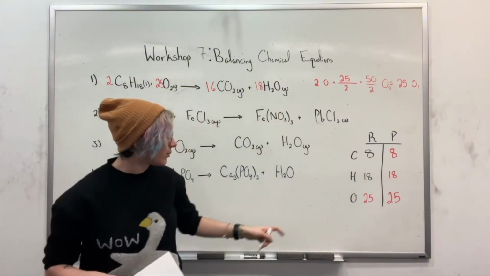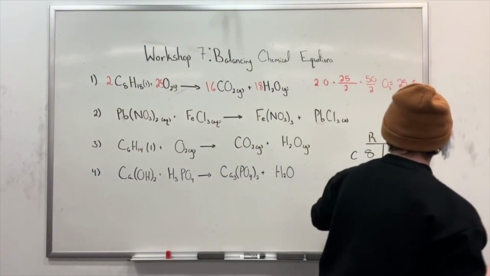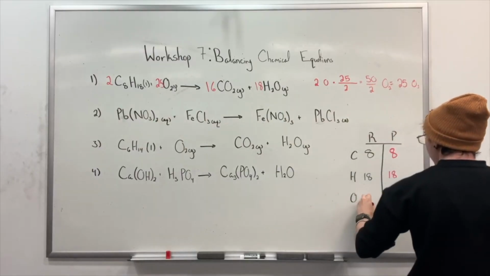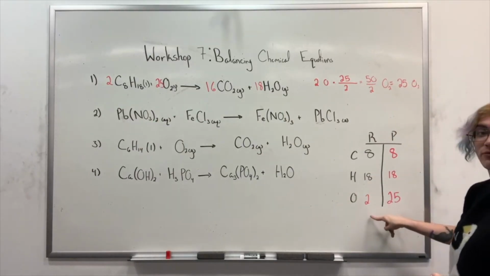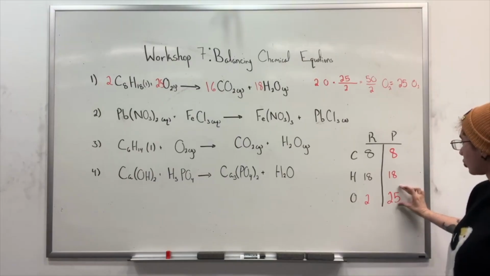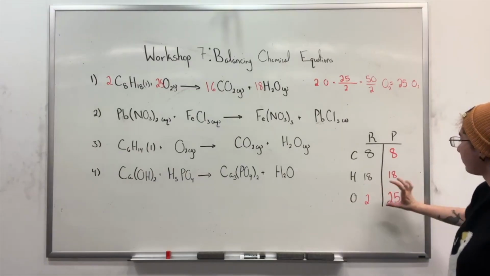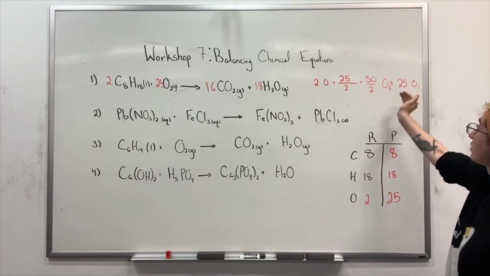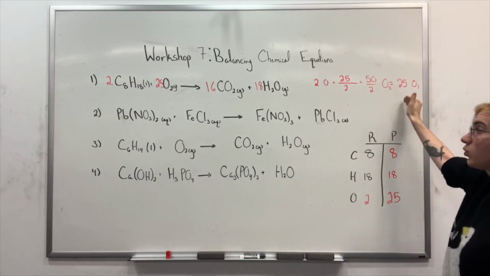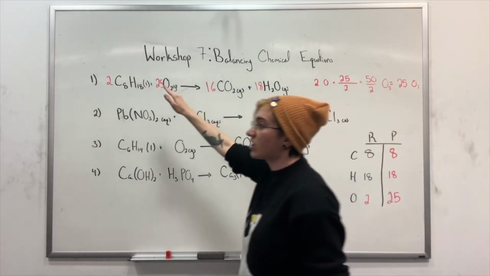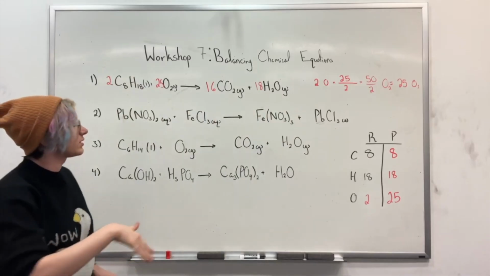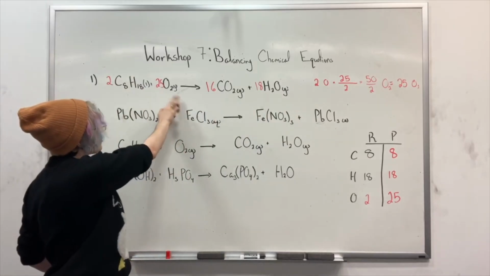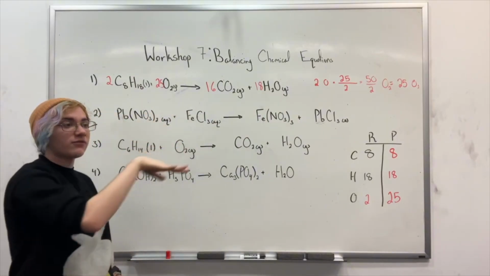Anytime you have odd numbers like we did before, we had 25 versus 2, you can turn this into a fraction, larger number over smaller number, 25 over 2, because that would cancel out to give us just 25. But then once you have that fraction, you again have to multiply everything by the denominator of your fraction to make sure you only have whole numbers.